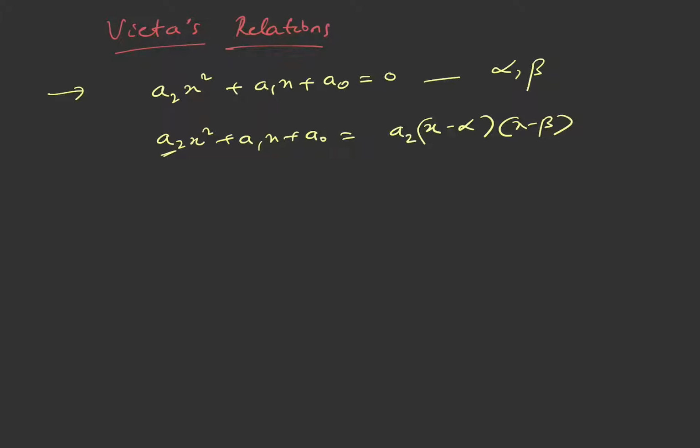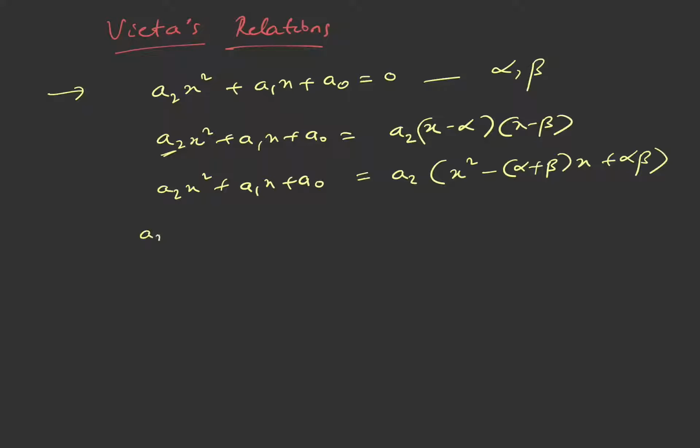Now multiplying this, we get a2 into x square minus alpha plus beta into x plus alpha beta, and this is a2x square plus a1x plus a0.